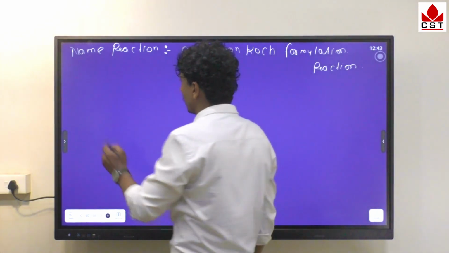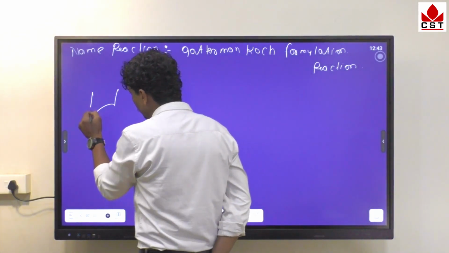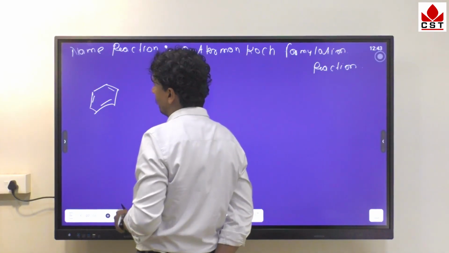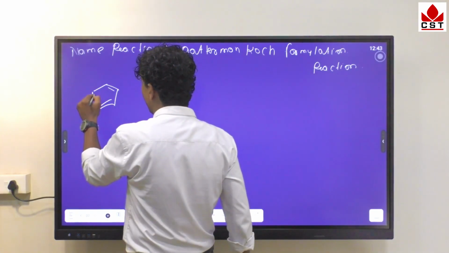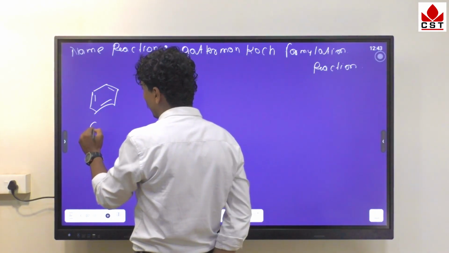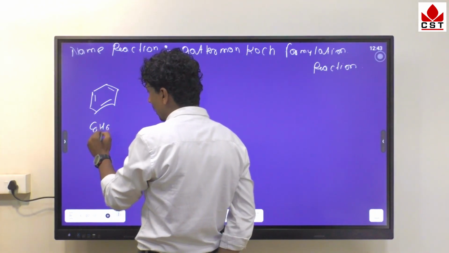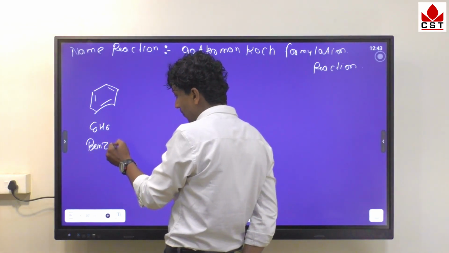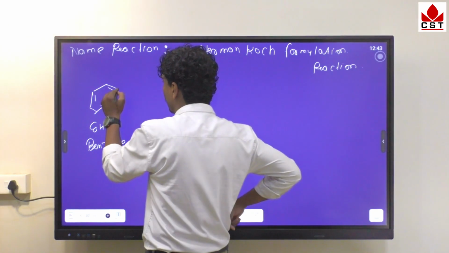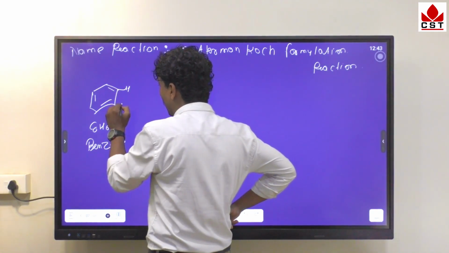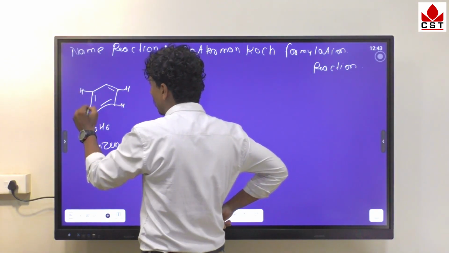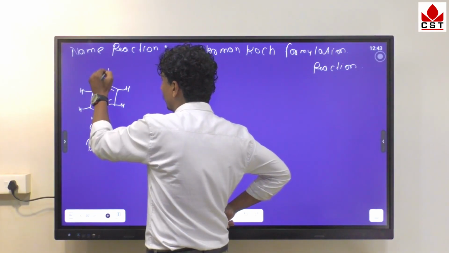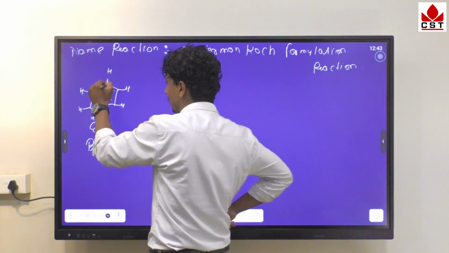Okay, now in the reaction there is a ring containing alternate sigma and pi bonding. What is the formula of that ring? It is C6H6, and the name of that reactant is benzene, where each carbon atom carries a hydrogen atom, and the formula is C6H6.